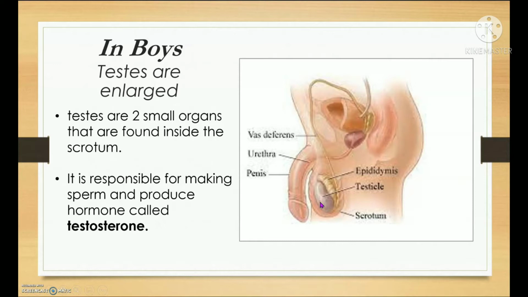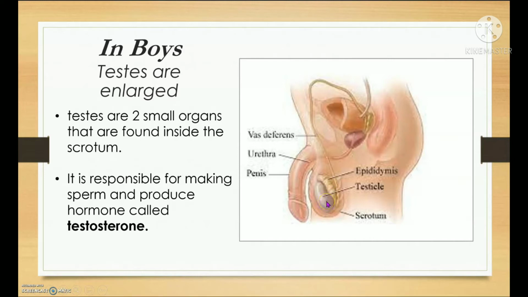As you can see in this picture, this is the testis or the testicle in singular form, inside the scrotum area. The testicle is responsible for making sperm that is used for reproduction.